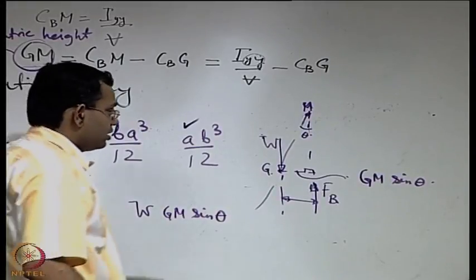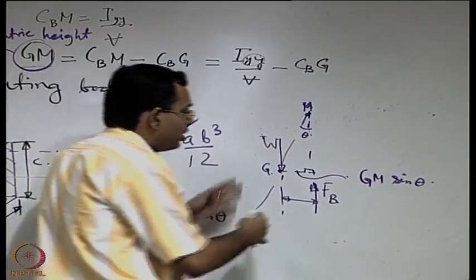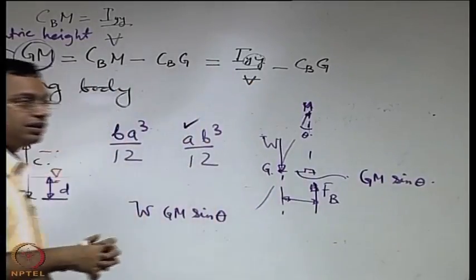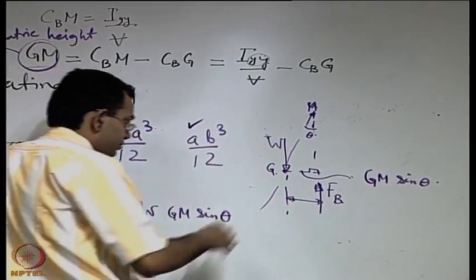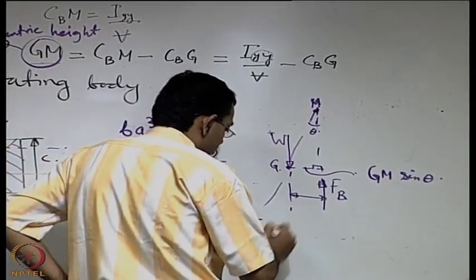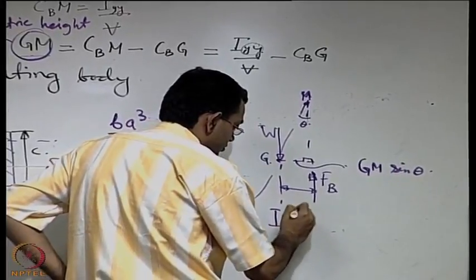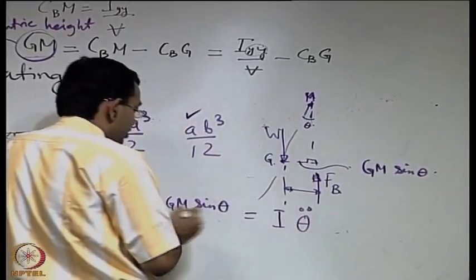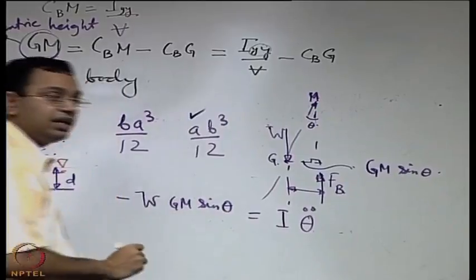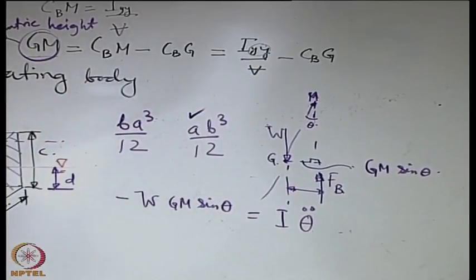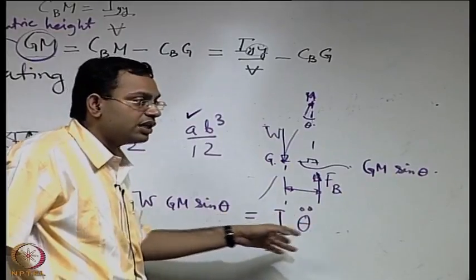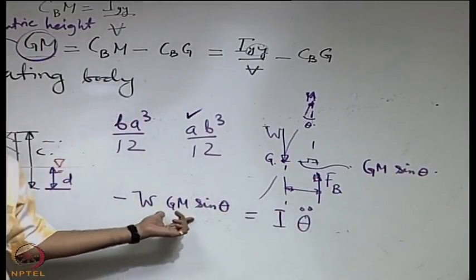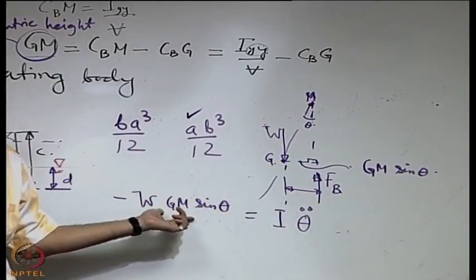So the moment of this force is W GM sin theta. The resultant moment of all the forces, if it is like rotation of a rigid body with respect to a fixed axis, is a restoring moment. So you should have a minus sign associated with it. That means whatever is the chosen positive direction of theta, theta dot, theta double dot, this has a direction opposite to that, to bring it to its original configuration.